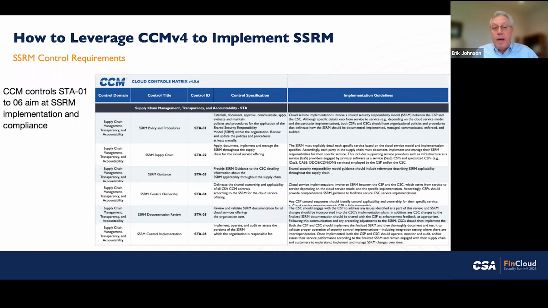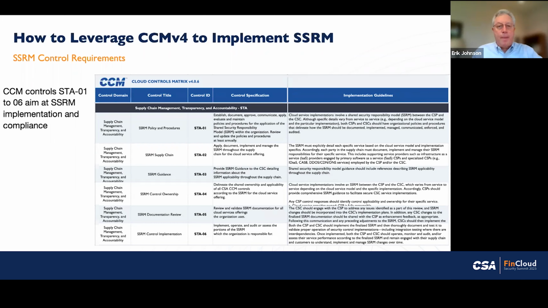So the SSRM actually applies all the way through the audit and assessment cycle as well. So there's a pretty comprehensive set of controls there with some extensive guidance. And we also added additional elaboration in the CCM guidelines document. And there's some content in the main CSA security guidance document that's currently being updated. We're going to be enhancing the SSRM guidance there as well.